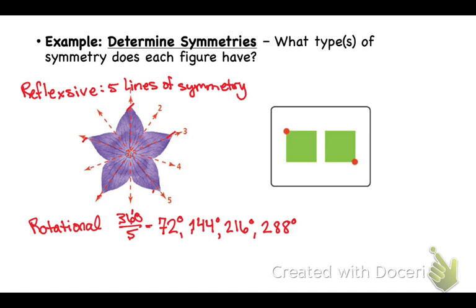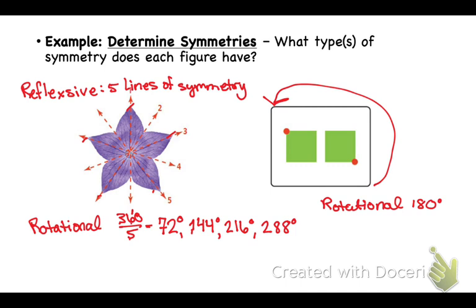The next one. Rotational or reflexive? Or both? Rotational. By how much? 180. So it's rotational, 180, because you've got to get this red dot back over to the other side, right? Okay.